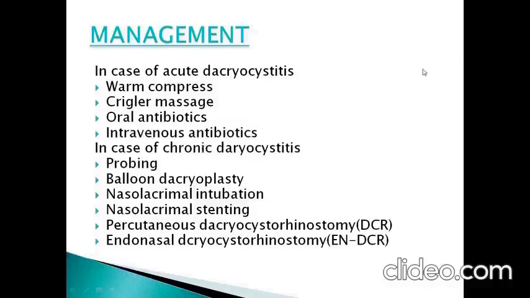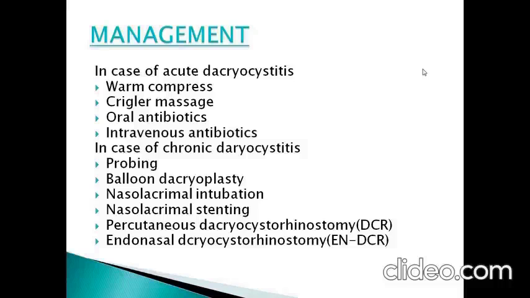Now coming to the management part, in case of acute dacryocystitis, the management is basically conservative. Here, warm compress, Crigler massage, oral antibiotics and sometimes intravenous antibiotics are suggested. In case of chronic dacryocystitis, probing, balloon dacryoplasty, nasolacrimal intubation, and nasolacrimal stenting could be done.